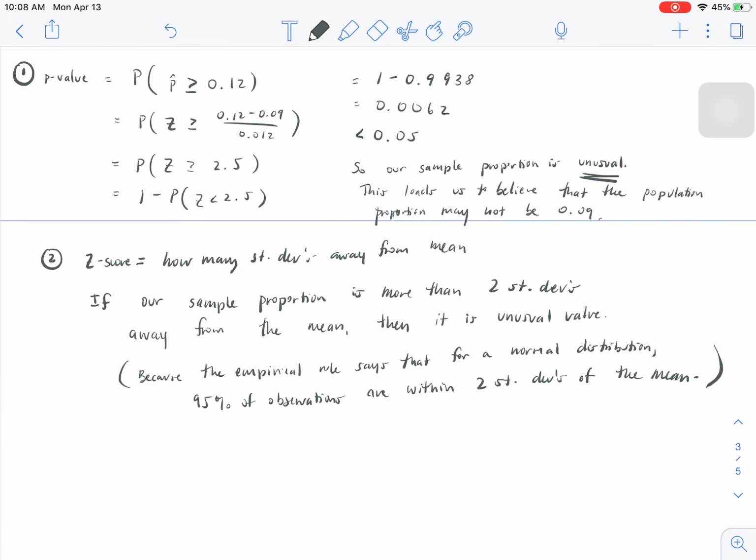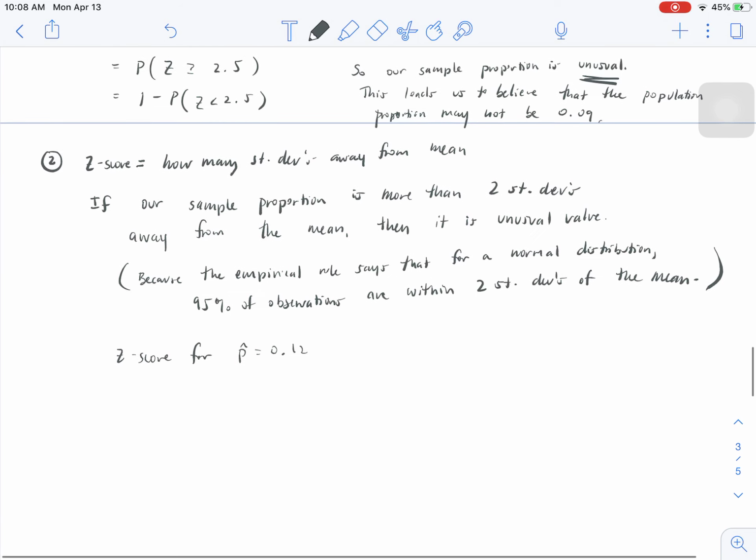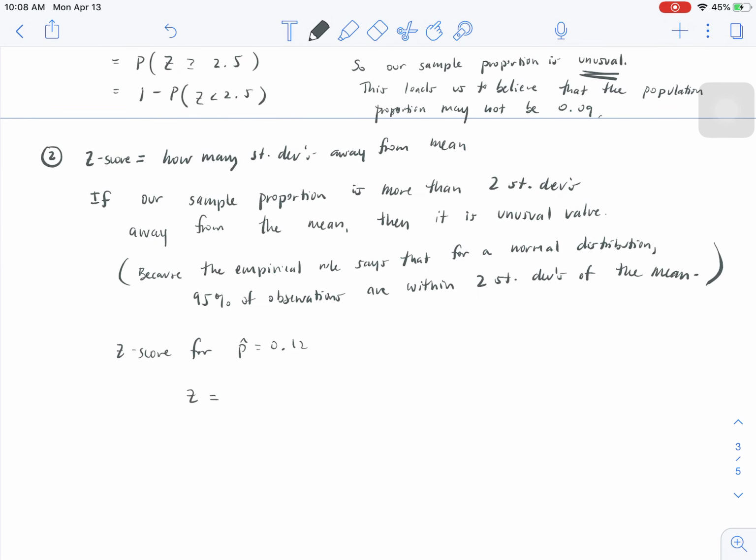So if we convert our sample proportion of 0.12 to a z-score, well, we do that by taking 0.12 minus the mean of our sampling distribution divided by the standard deviation, because we know that this is normally distributed.